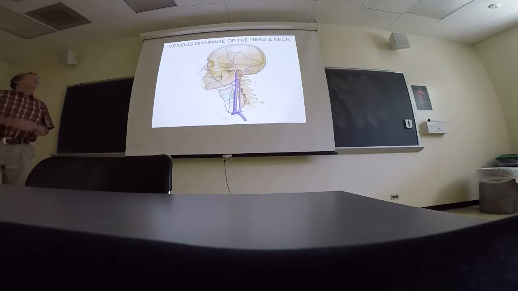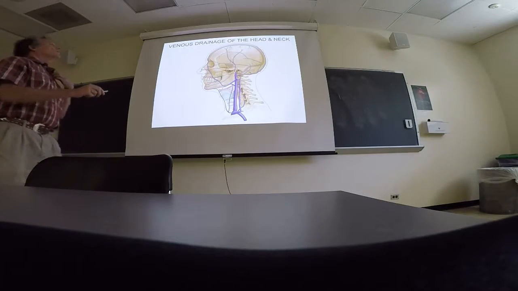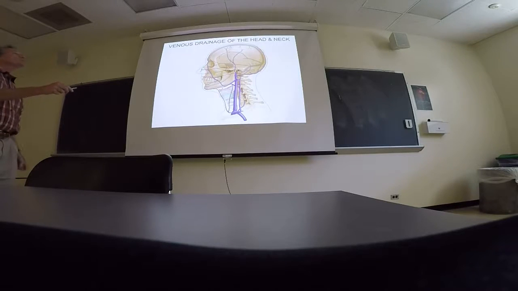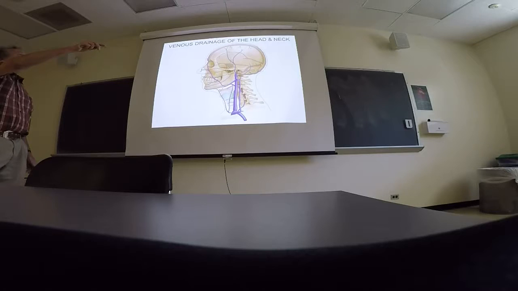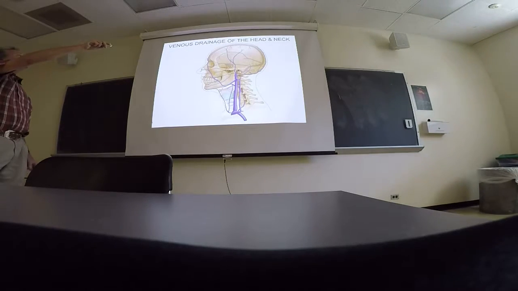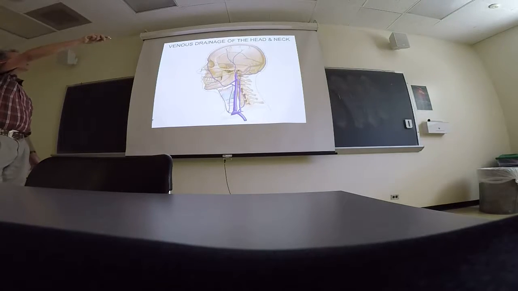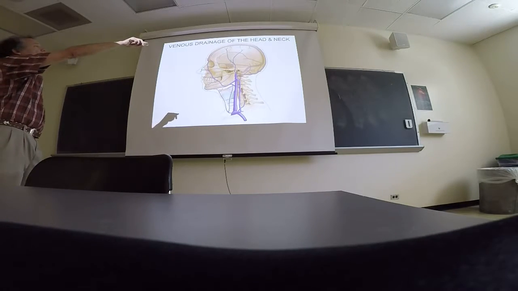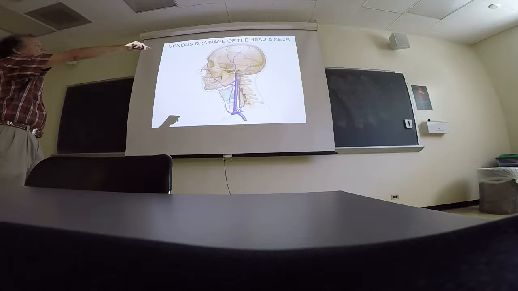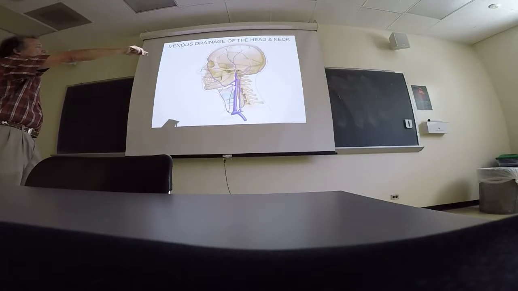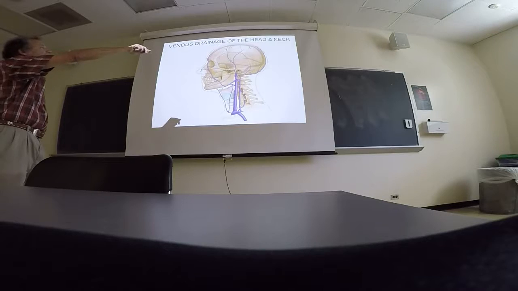Okay, so just to back off. Most of those sinuses that I talked about, all this stuff that joins the confluence of sinuses here and goes down through the sigmoid, there's the superior petrosal, and it picks up the inferior petrosal, goes out through the jugular foramen here at the bottom of the skull and goes into the internal jugular vein.